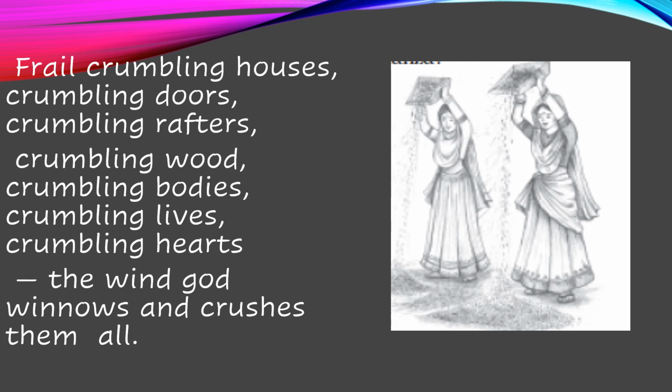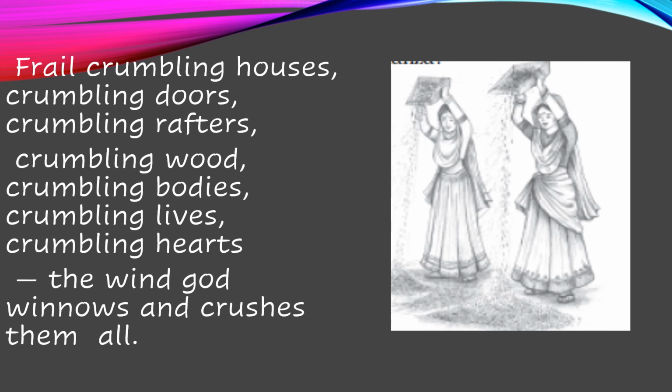His theories, his findings were all burnt out in the lab, but he had the determination. This example I'm giving you for the whole paragraph. Frail, weak, crumbling houses, crumbling doors, rafters. For this, I have given you the human examples: crumbling wood, bodies, crumbling lives, and crumbling hearts.